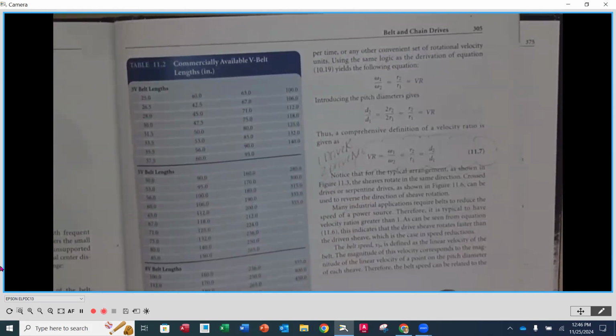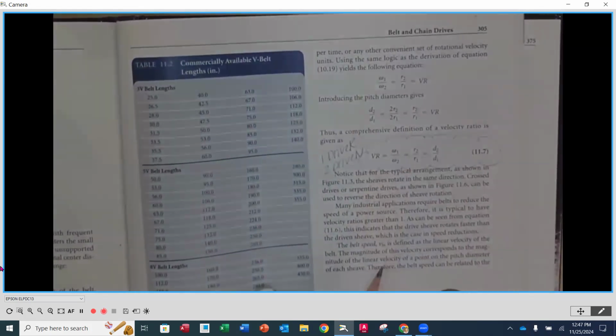So that's what these numbers are in here. These are the standard commercially available V-belt lengths in inches for 3V, 5V, and 8V. So when we specify a full drive, we're going to be using the charts that are here. So we will be referencing this in our examples. All right.